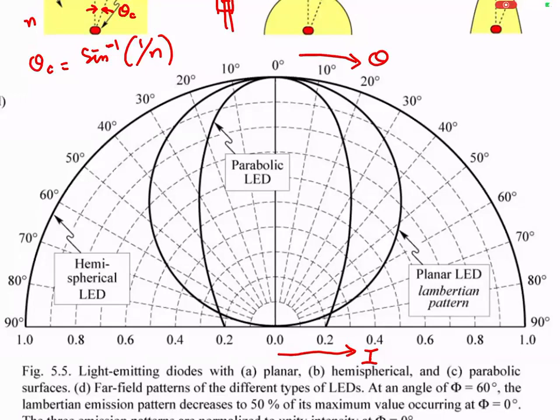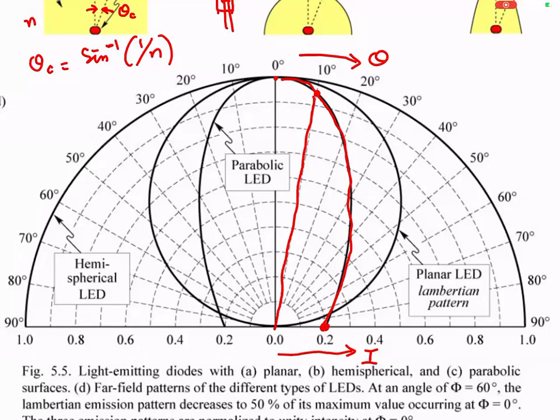So on axis, you get the maximum. And then as this curve, for instance, goes down at larger angles, at 10 degrees, you're getting slightly less. So the length of this arrow from here to here represents the intensity, and you can see it going down. And even at very large angles, in this case 90 degrees, you can still get about 0.2 of the light in the case of the parabolic LED.